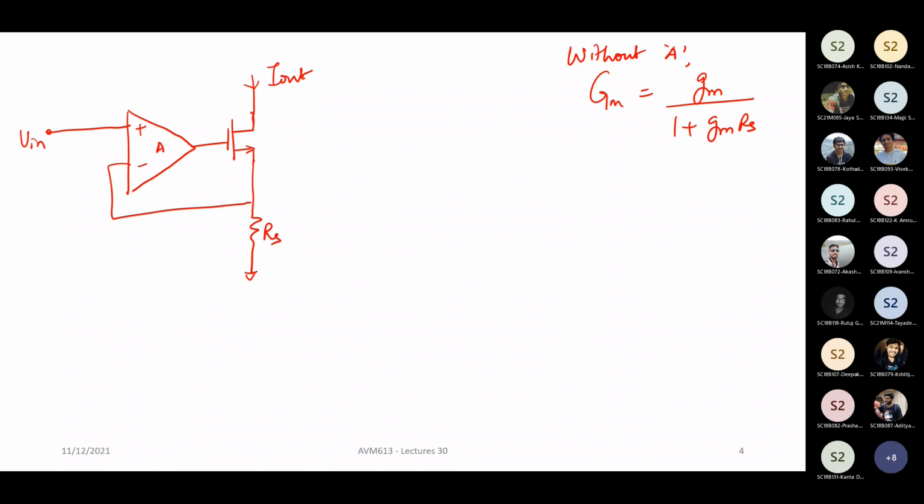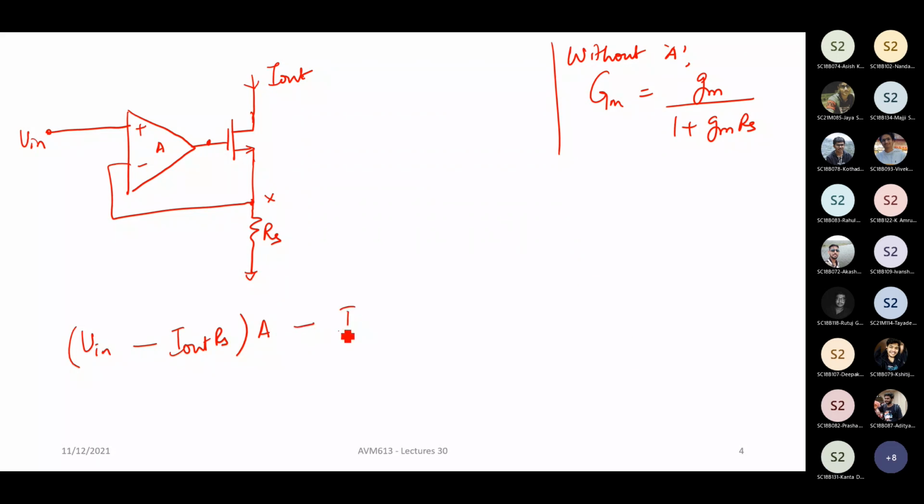Now, what is the transconductance with the amplifier in the picture? Let us say this particular node is X. We are interested in I out. What is the voltage at the gate of the transistor? It can be written as V in minus I out times Rs, multiplied by A. Now, what is the source voltage?